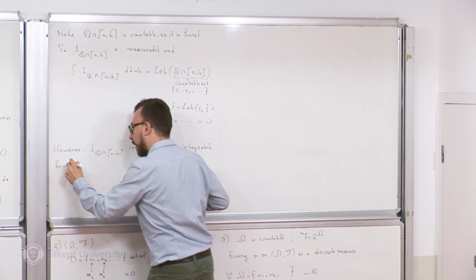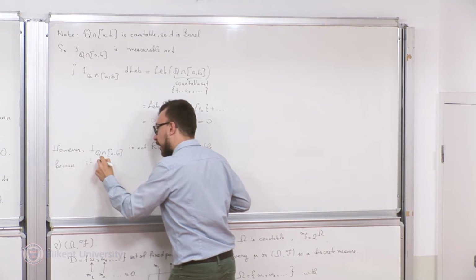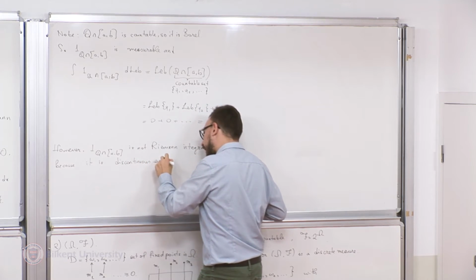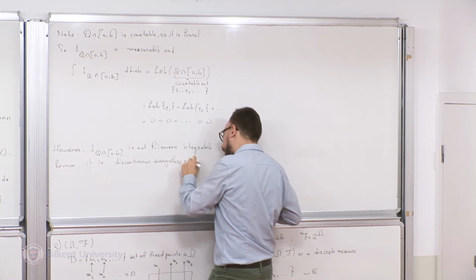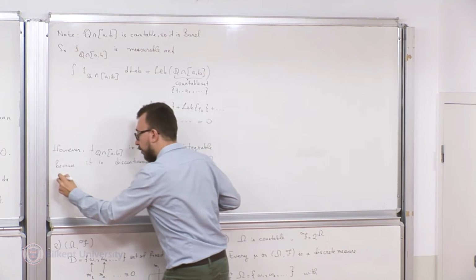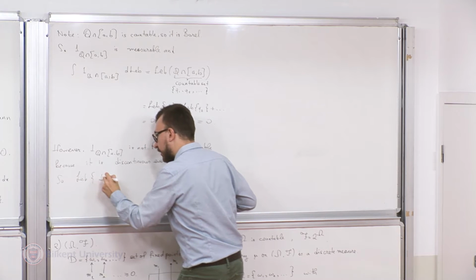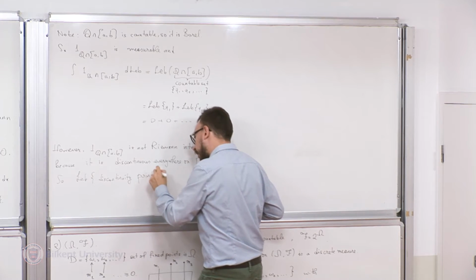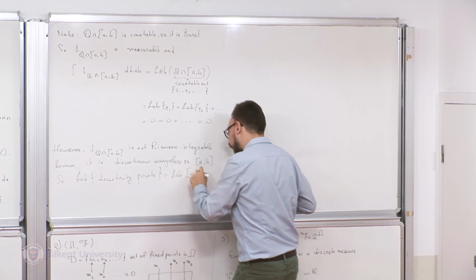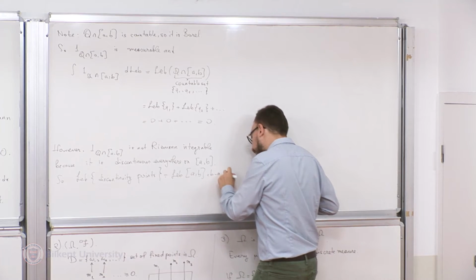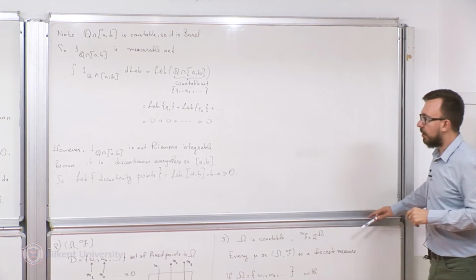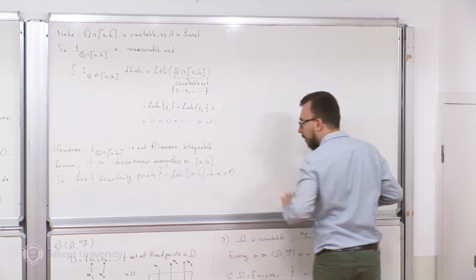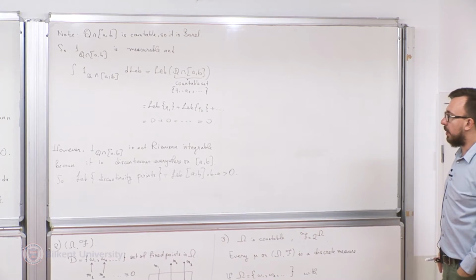Because it is discontinuous everywhere on A to B. So its set of discontinuities is this full set A to B, which has non-zero measure. So I'm using this characterization: the set of discontinuities has non-zero Lebesgue measure. Therefore, it is not Riemann integrable.